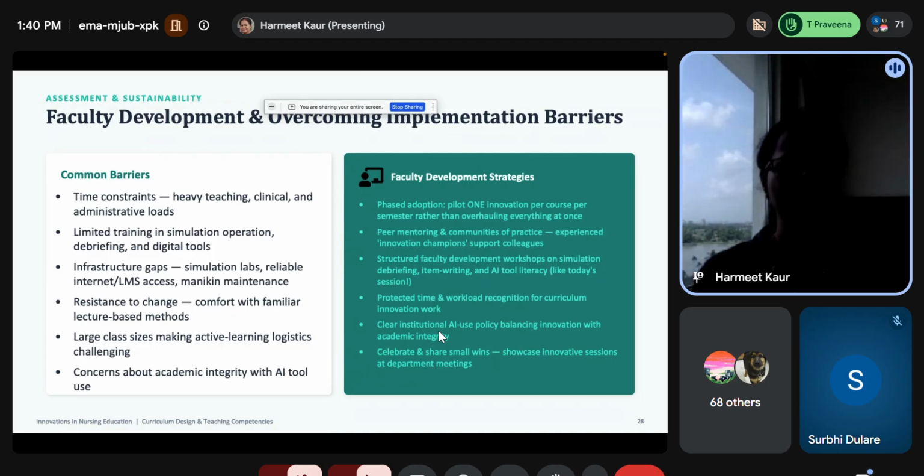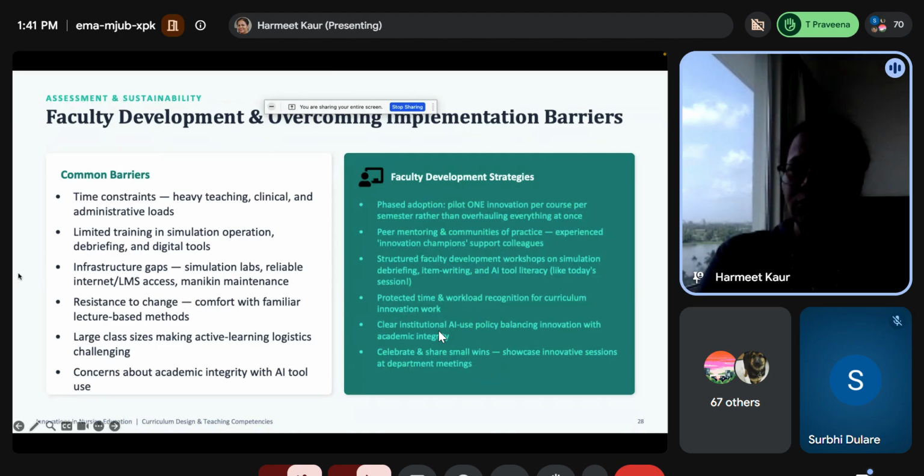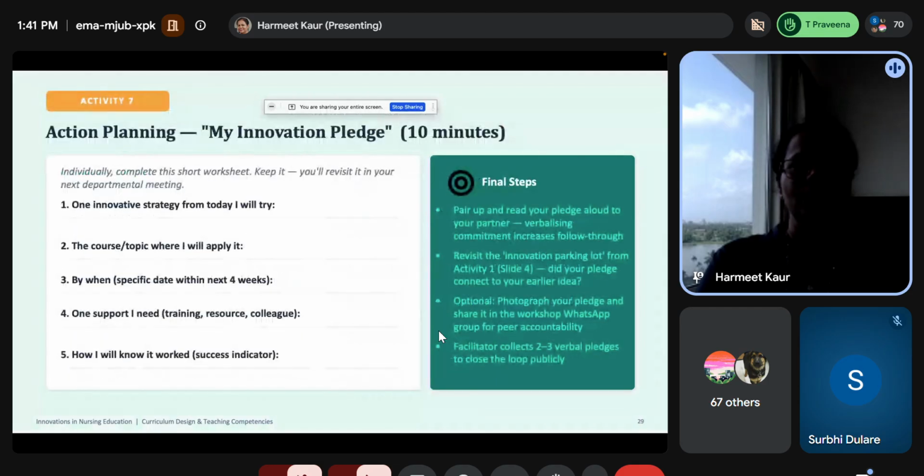So you can think of one innovation and use it. Once you feel that it really helps, you can keep on using it, and then you can include a second, then a third. I think this is the best way to keep on including innovation and creativity in your classroom. Okay, so this is the action planning for you all.